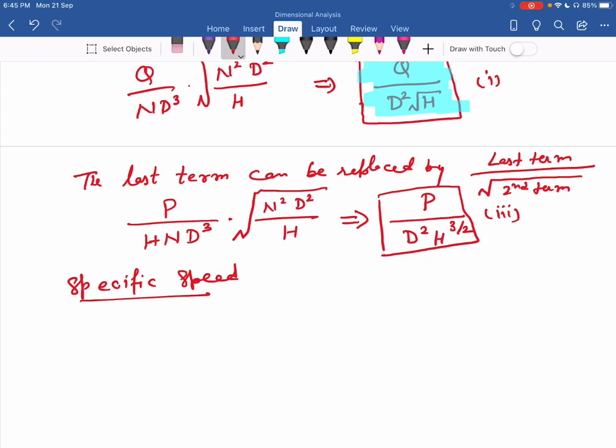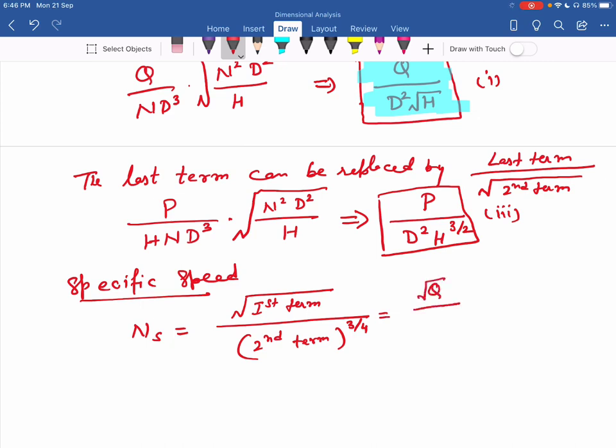So I can write ns is equal to the under root of first term divided by second term raised to power 3 by 4. So this comes out to be q under root of n d cube into n square d square upon h raised to power 3 by 4. So this becomes equal to n under root of q h raised to power 3 by 4.